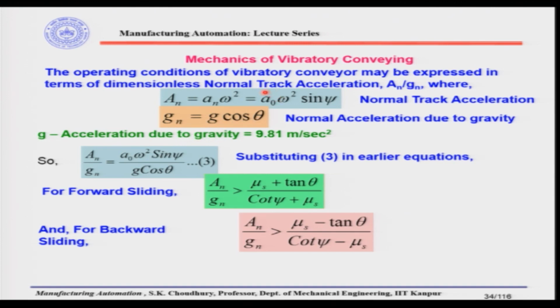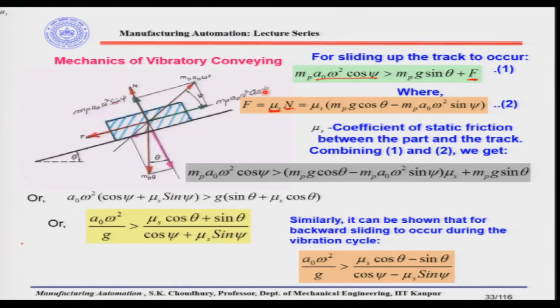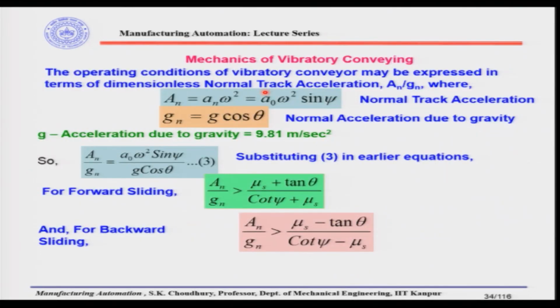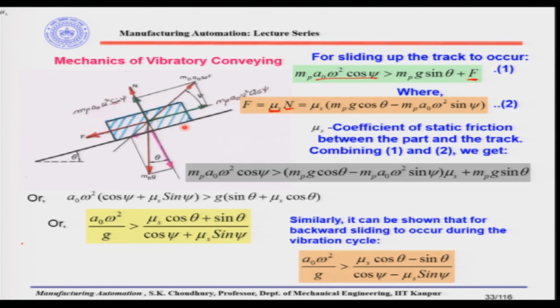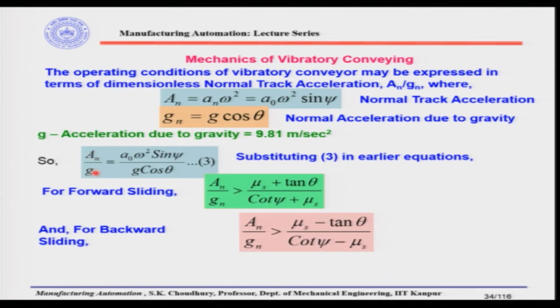This A0 is the linear acceleration of the part on the track, and g, the acceleration due to gravity, we know is 9.81 meter per second square. Therefore, if we substitute this value of an by gn in equation 3, we will get that an by gn is equal to A0 omega square sin psi divided by g cos theta.